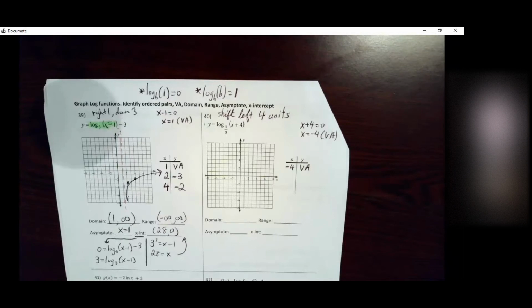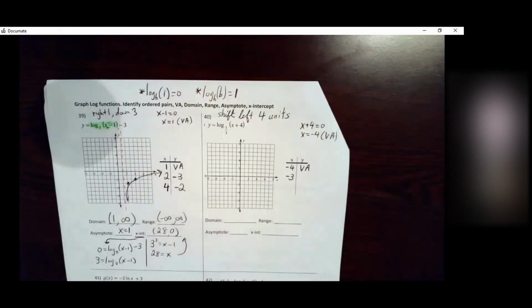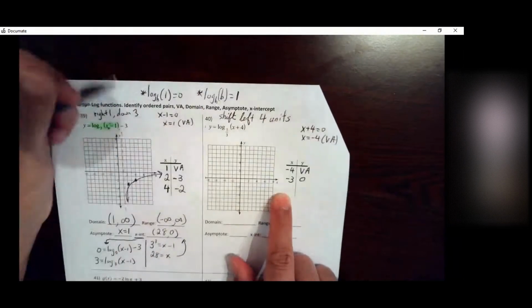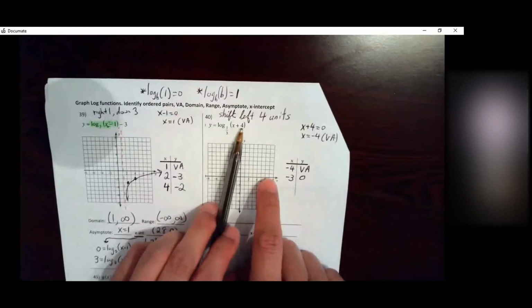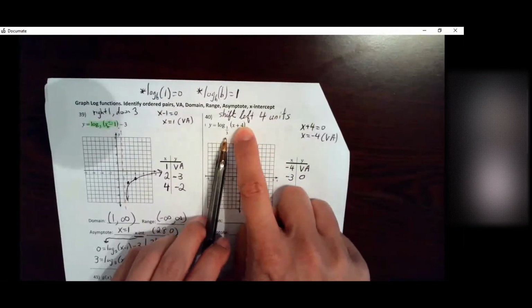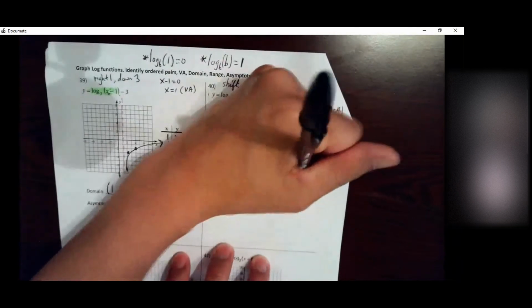So for my first point, I got -3 for x and 0 for y. And then I want my x plus 4 to be equal to 1/3, right?